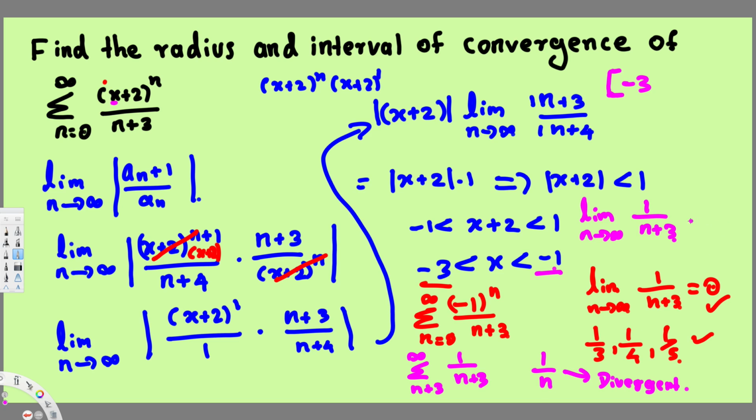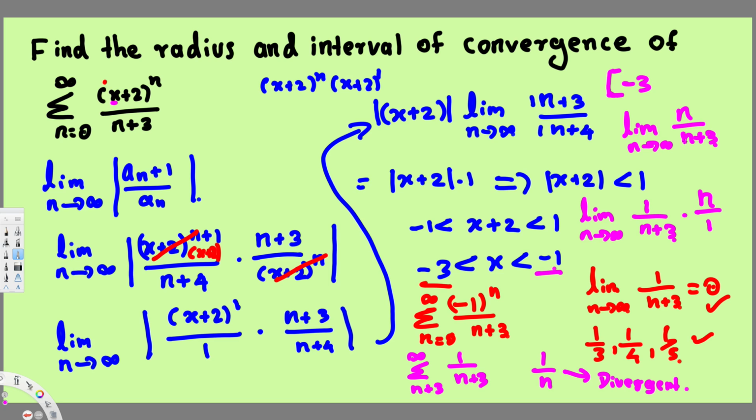That is the same as multiplying by the flip of this, which is n over 1. To make it clear, we can write it like this: limit as n approaches infinity of n over n plus 3.